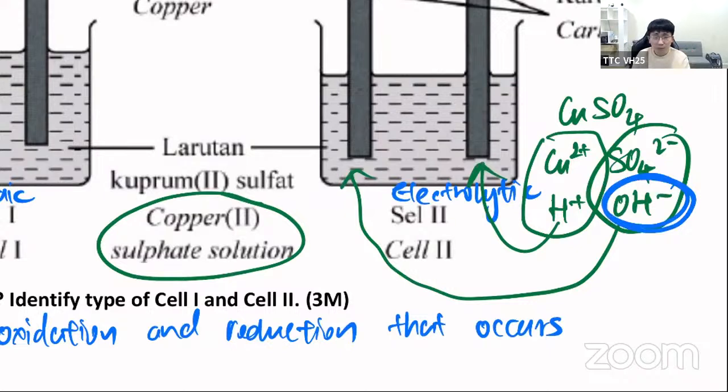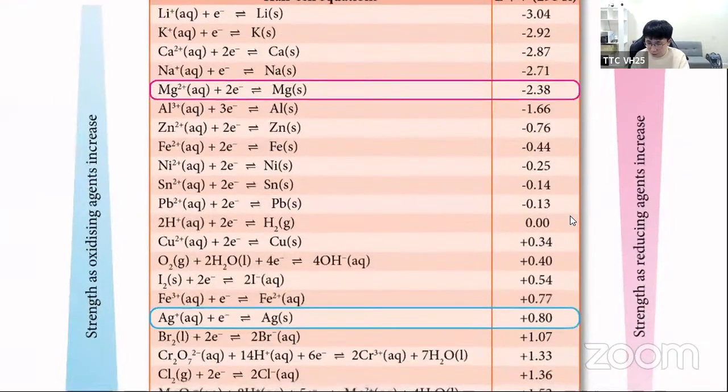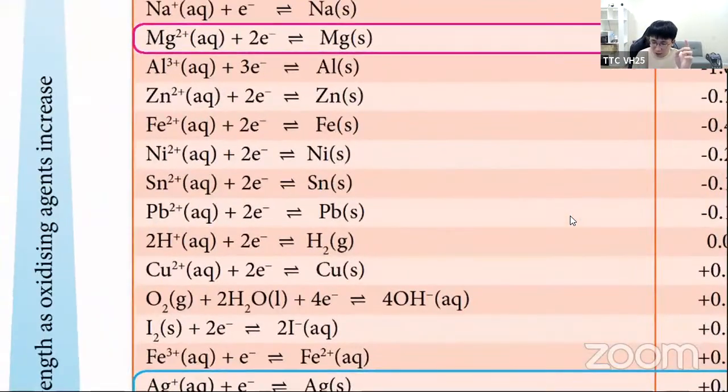Okay, and then for the positive one, choose the stronger one also. The stronger one is supposed to be Cu2+. Why? Because according to our SEPS table, H+ is here, Cu2+ is here. So according to the table, the bottom one is the strong oxidizing agent. So we're supposed to choose Cu2+.